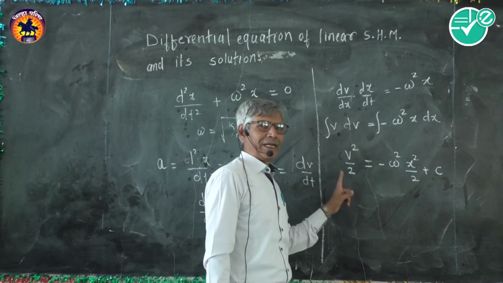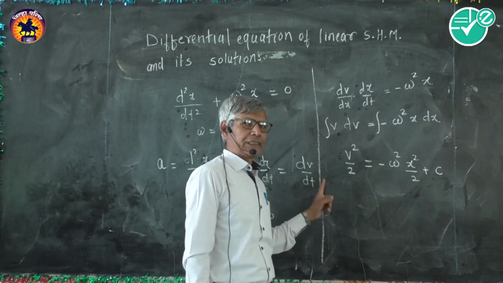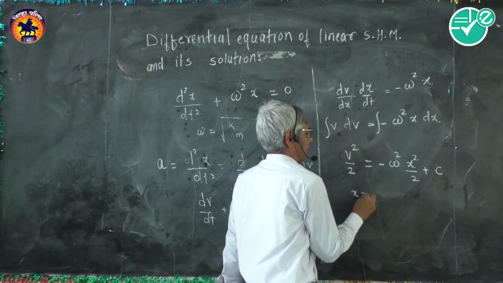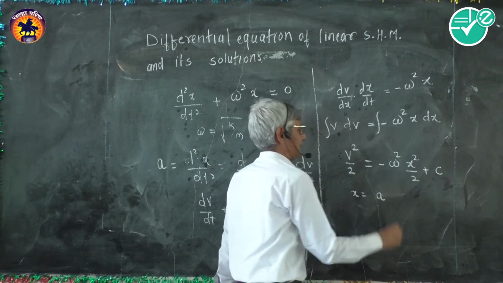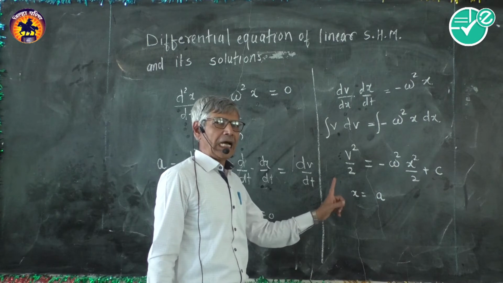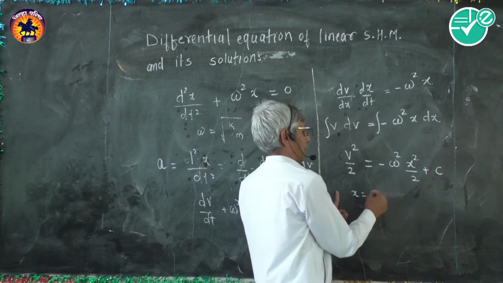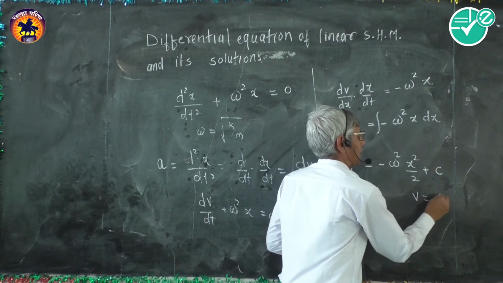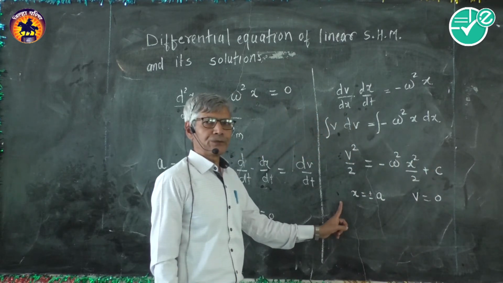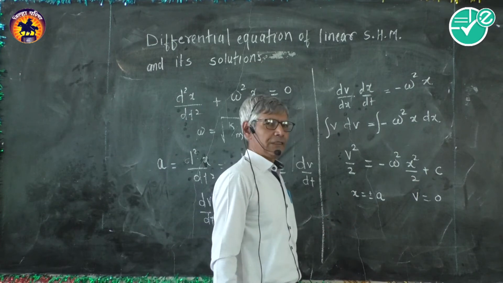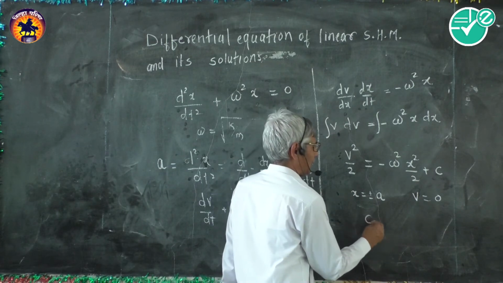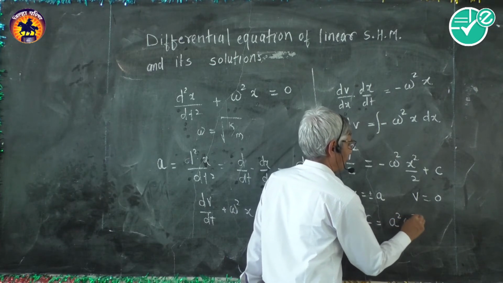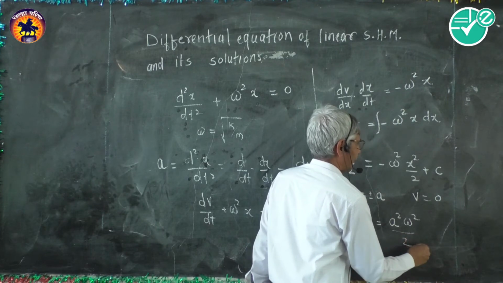Its value can be found out by using the condition in the linear S.H.M that whenever the displacement of the particle is equal to amplitude, that is when the particle is at either extreme position, the linear velocity of the particle in S.H.M will be 0. If we use this condition, we have c equal to a square omega square by 2.